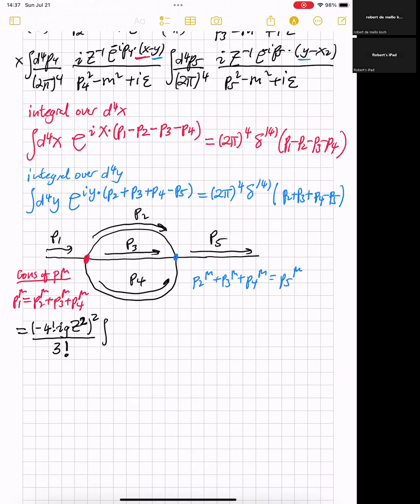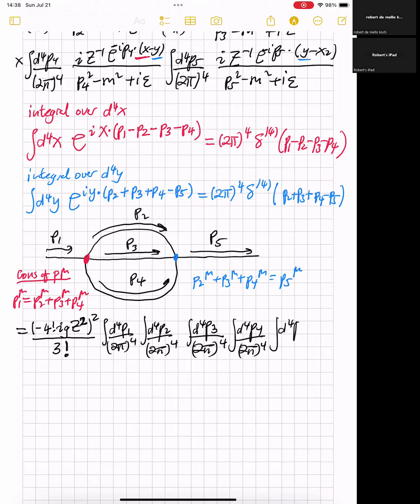Then I have the integral over all of the momenta. So there's a d4p1, there's a d4p2, there is a d4p3, there is a d4p4 over 2 pi to the 4, and finally a d4p5 over 2 pi to the 4.